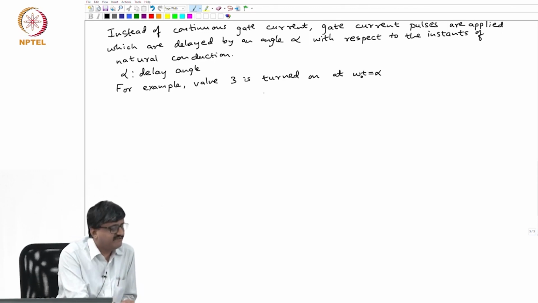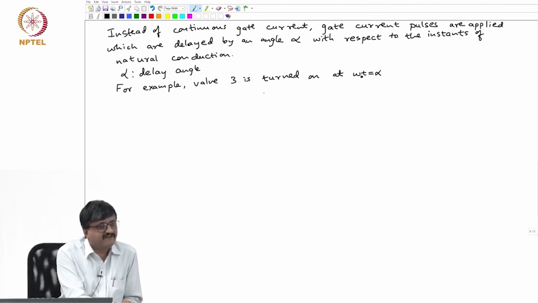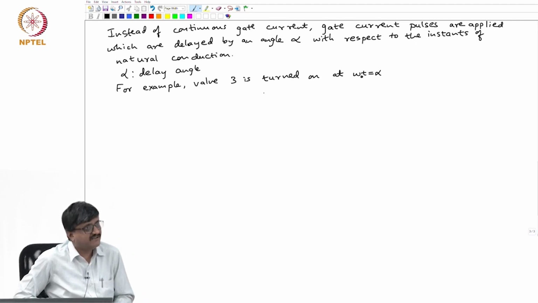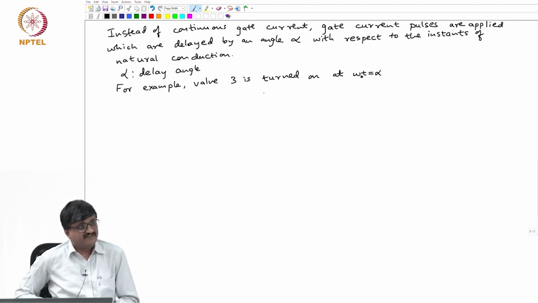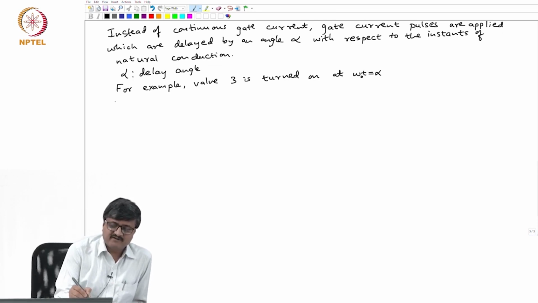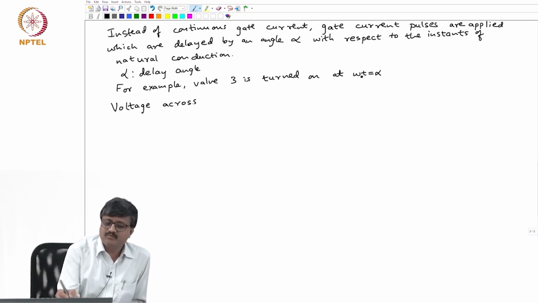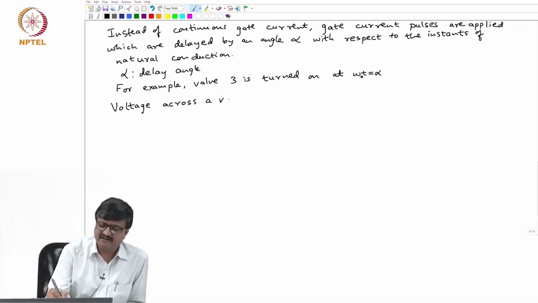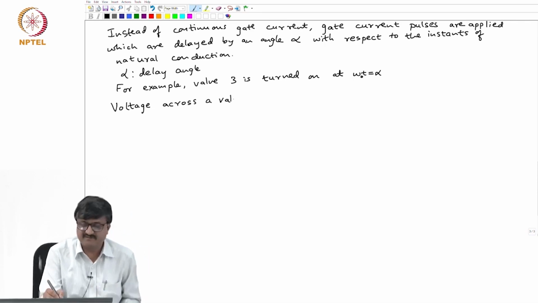What will be the voltage across valve 1 as soon as valve 3 is turned on? Anode to cathode will be EA minus EB. Say we define one quantity here for convenience: the voltage across a valve, whether it is valve 1, 2, 3, 4, 5 or 6.